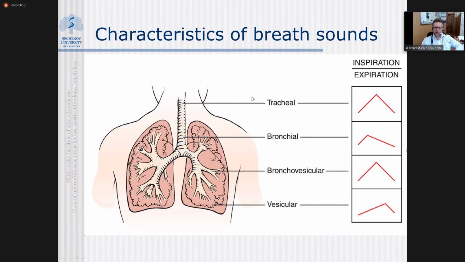Nowhere else should you hear a sound like that. If over the lung field you hear either bronchovesicular breathing or bronchial breathing instead of vesicular, that is a pathological state. It means that the patient's pulmonary parenchyma is conducting sound better than it should.